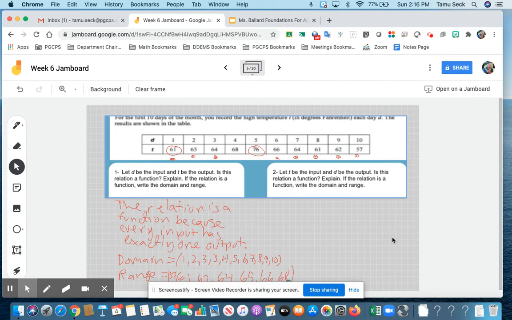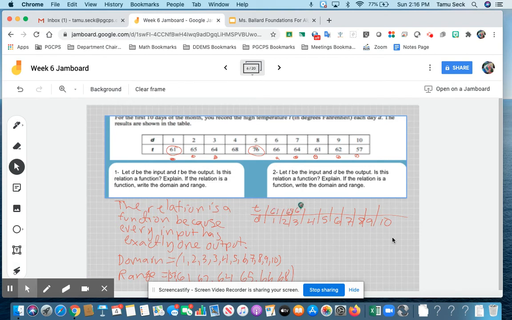Now for question 2, let T be the input and D be the output. Is the relation a function? So we're going to switch it. You might want to write this down in your journal to be able to answer this question, or on the slide.